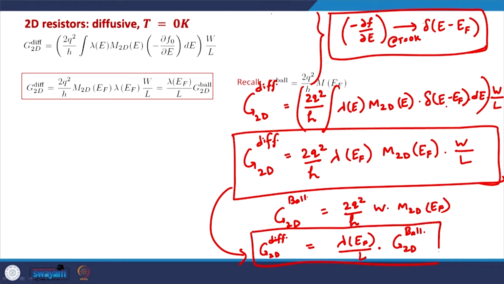So what is the only difference in this term? In the case of a diffusive conductor, we need to know the scattering length of electrons at the Fermi level when we are trying to calculate the conductance or resistance at 0 Kelvin. And the transmission Te needs to be replaced by lambda by L.